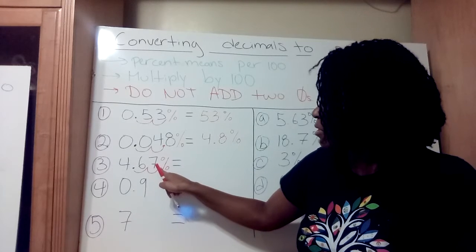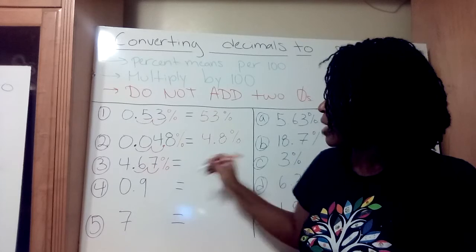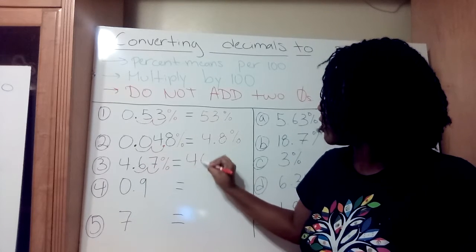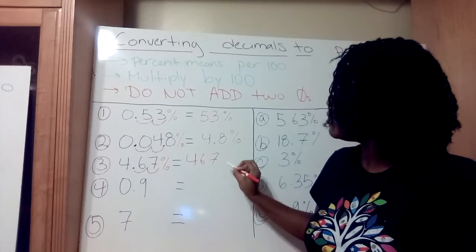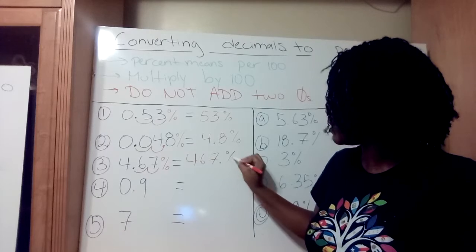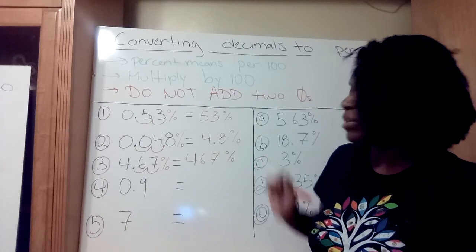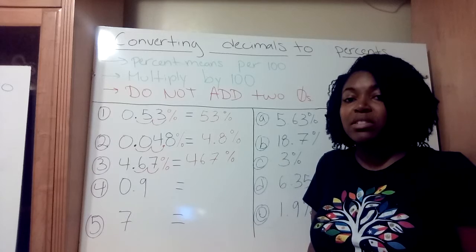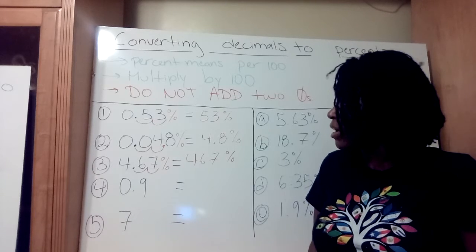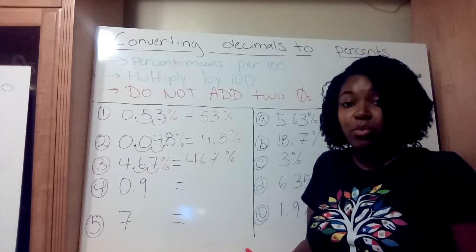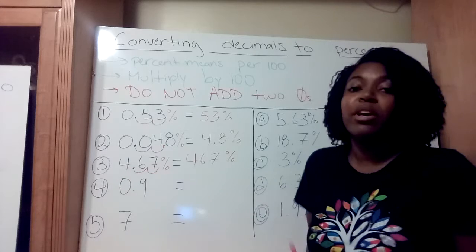So in this case, my decimal is all the way at the end. So it is 467. And I don't need to do point percent. That's not necessary. If it's just a 0 at the end, you don't need that.